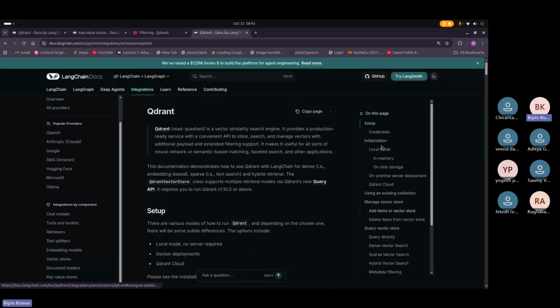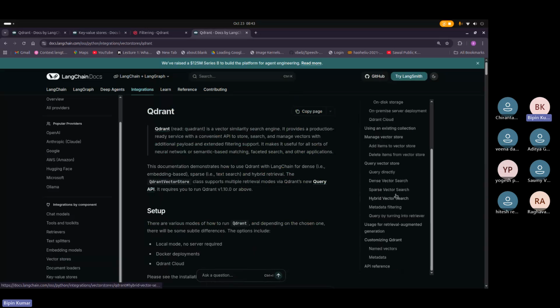On the right side there is dense search, sparse search, hybrid search, and metadata filtering. These four terms are important. They will ask questions on that, and they have some extra advantage compared to normal search. The semantic search we have done can also be called dense search; both terms are almost the same. We will see what dense search, sparse search, hybrid search, and metadata filtering are.